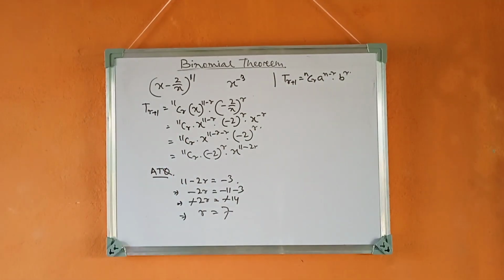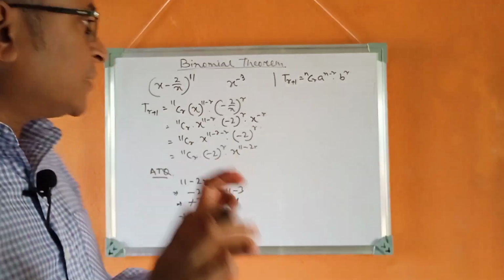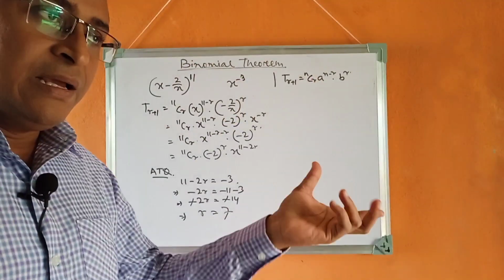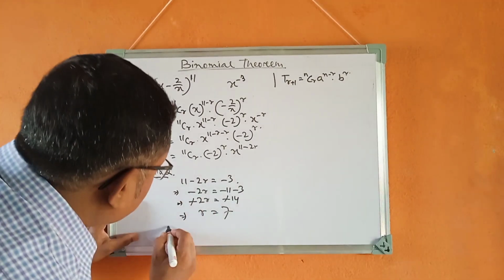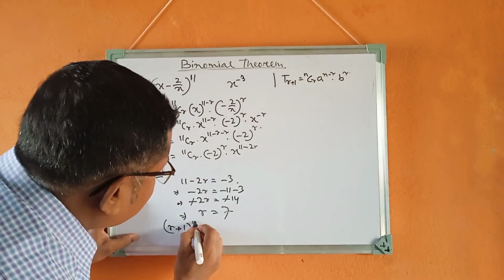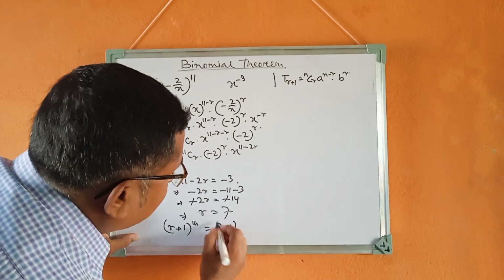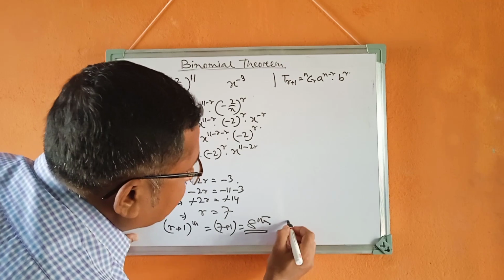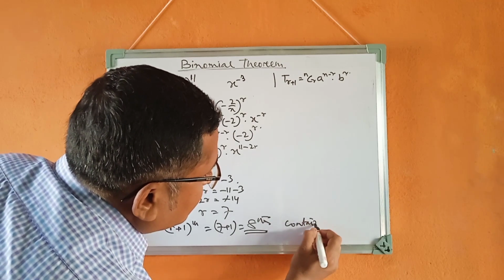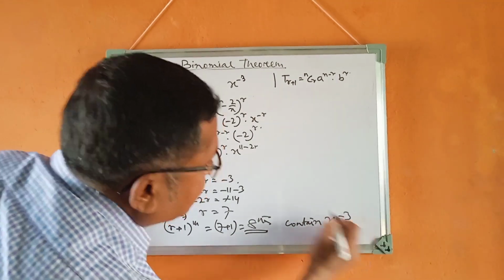We get the value of r equal to 7. So the r plus 1 term is 7 plus 1, that is the 8th term, which contains x to the power minus 3.